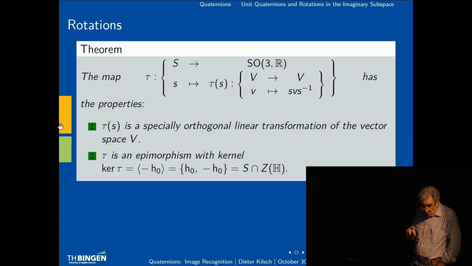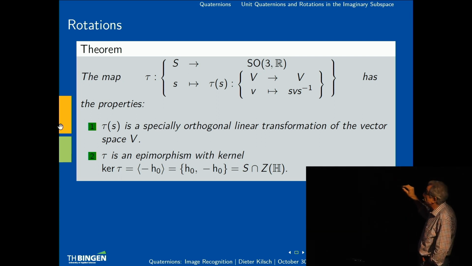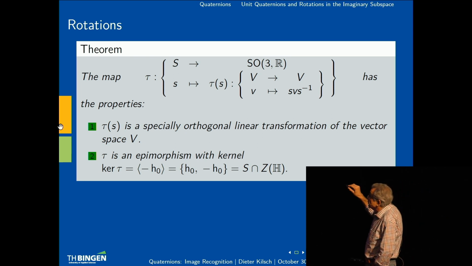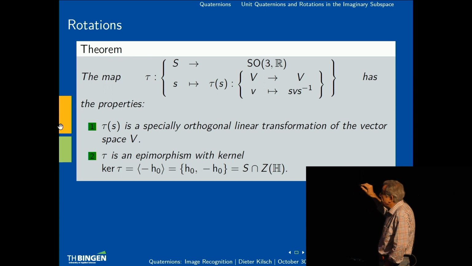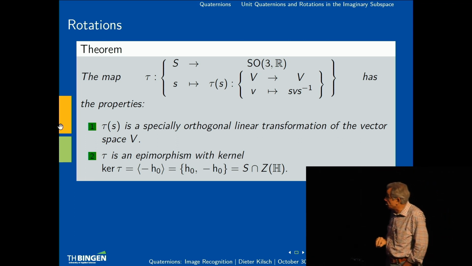Okay, so we have a map from unit Hamiltonians to the three-dimensional rotational matrices by defining with the Hamiltonian S the rotation given by the conjugation with this quaternion.